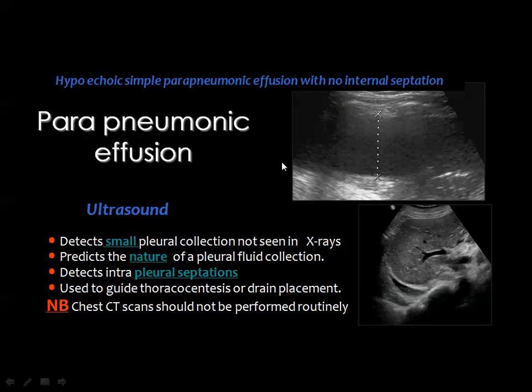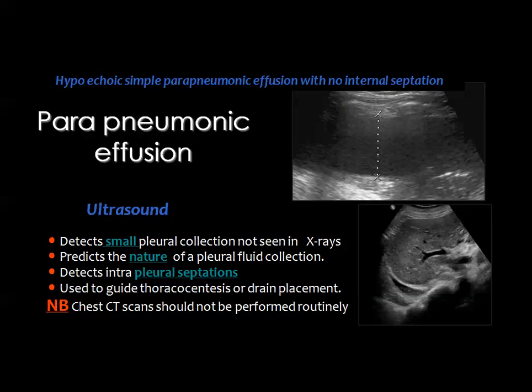And you know that ultrasound has no radiation hazards. Ultrasound is very sensitive in detection of pleural collections. Ultrasound can be performed as a bedside technique and is, of course, relatively cheaper than the CT scans.